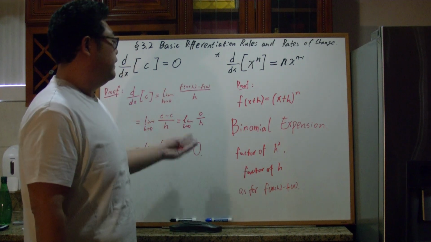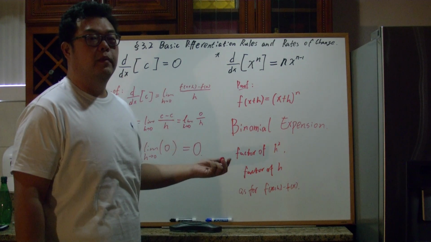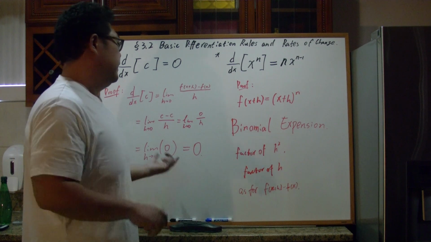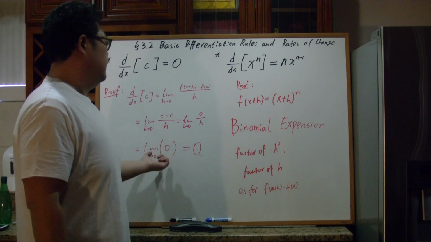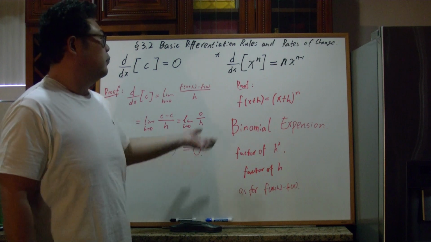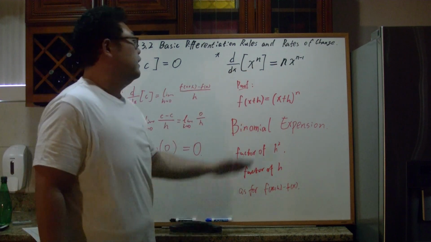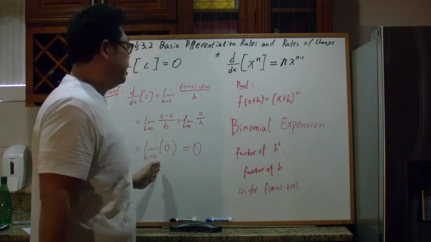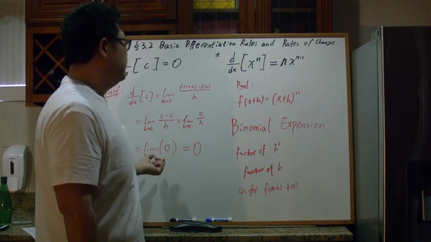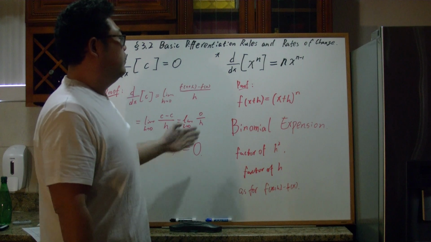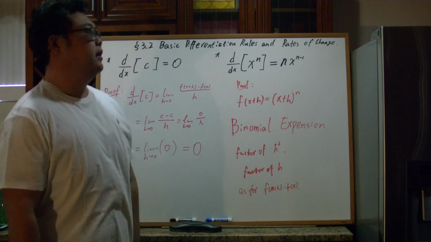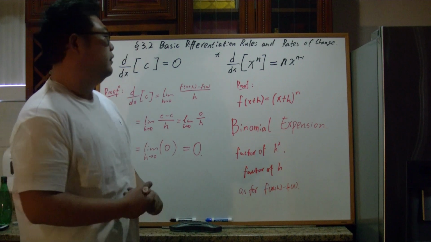After simplifying, we can divide to see which terms will be left over to take the limit of the expression, right? And to see which terms remain afterwards. At the end, after taking the limit, all the terms containing h should be cancelled out, then we have only the term n times x to the n minus 1 left over.